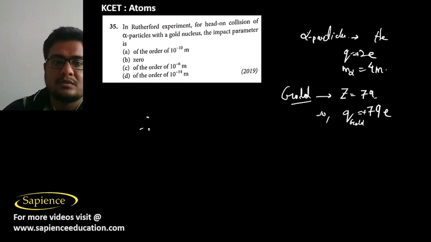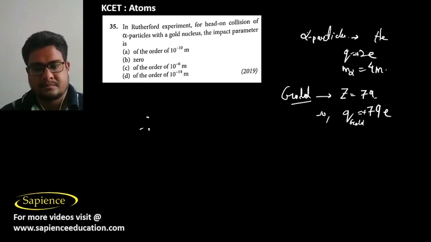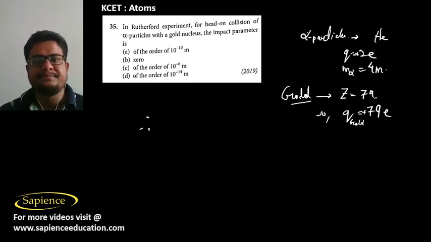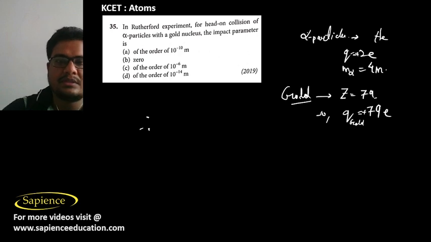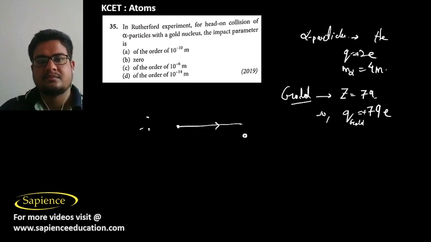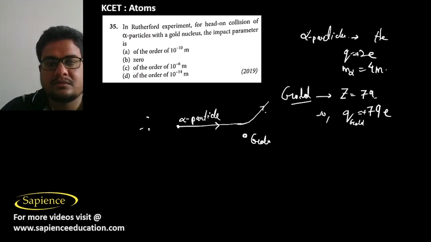So now, when there is head-on collision, the impact parameter means that, suppose this is the alpha particle and this is the gold nucleus, then it will have some deflection.